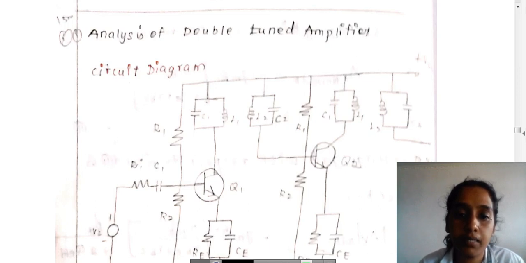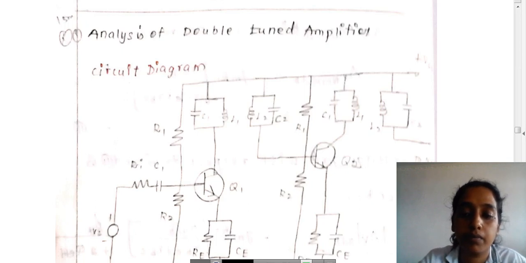When the Q point is placed at a particular level, we can design an amplifier by using a tuned circuit, so that it works at a particular set of frequencies. We have single tuned amplifiers, and two-stage amplifiers are called double tuned amplifiers. Now let us see in detail about the double tuned amplifier.